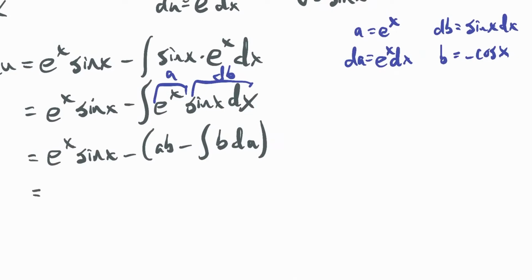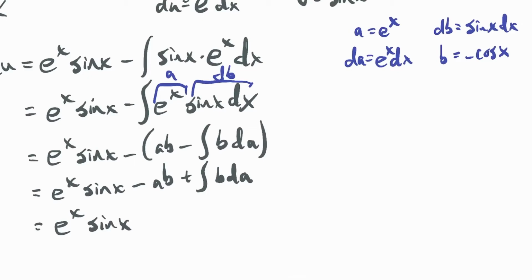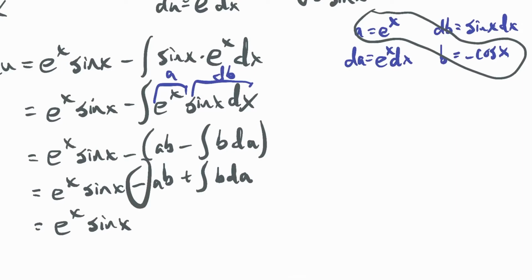So this equals e to the x sine x minus ab, which I won't put in just yet, plus the integral of b dA. Okay, now I'll plug that in. So e to the x sine x minus a times b. So e to the x times negative cosine x, but I'm subtracting, so it's really plus e to the x cosine x.